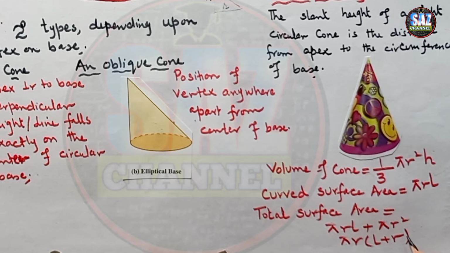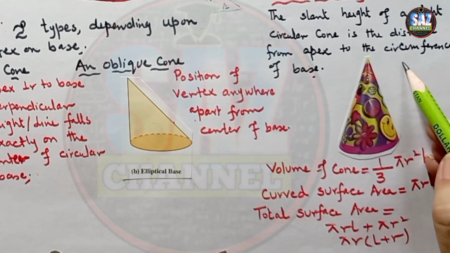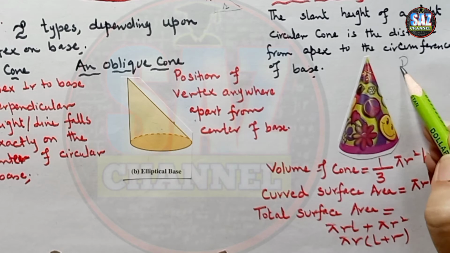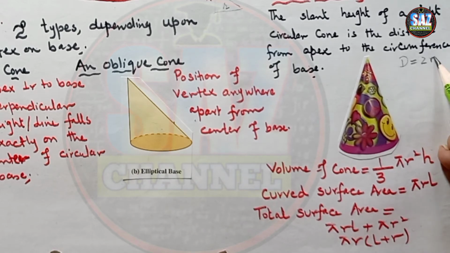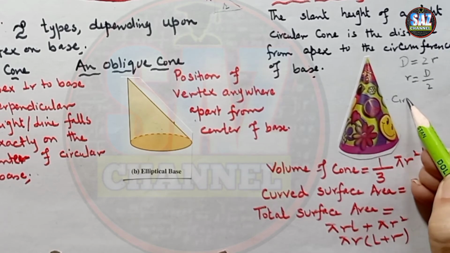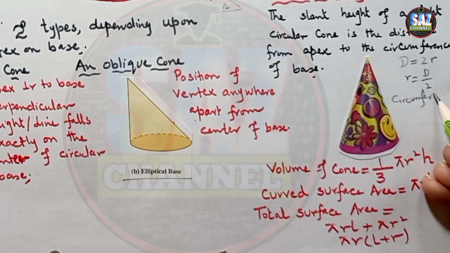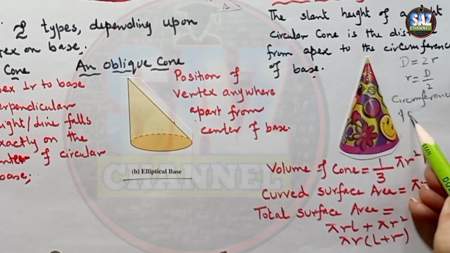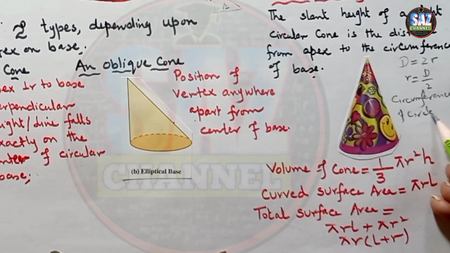These are the important terms and points that we have to keep in mind, that base of the cone is a circle. So we have to learn the properties of circle as well: the relationship between the diameter and radius, the diameter is double the radius, radius is half the diameter, and the circumference of circle equals pi d or 2 pi r.